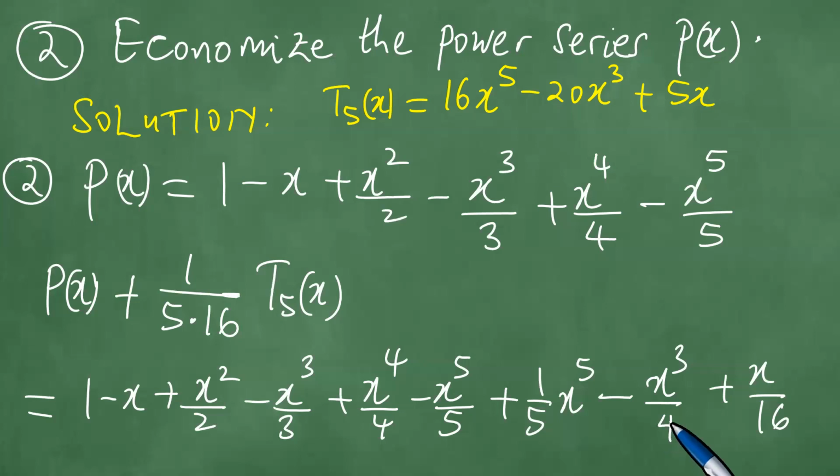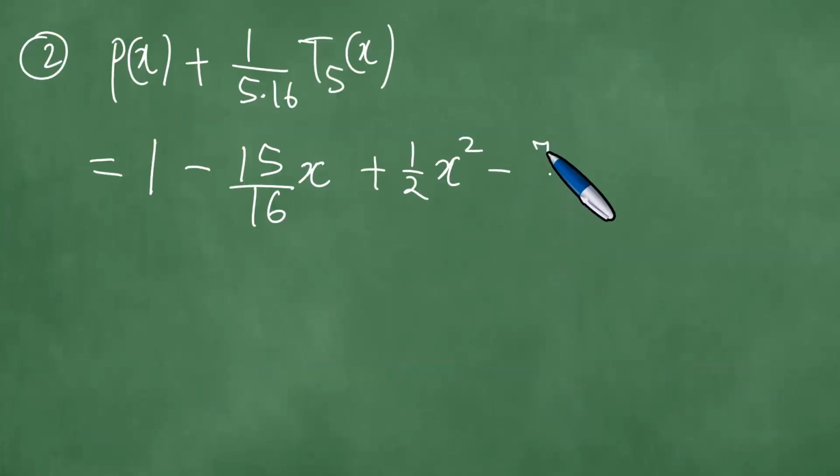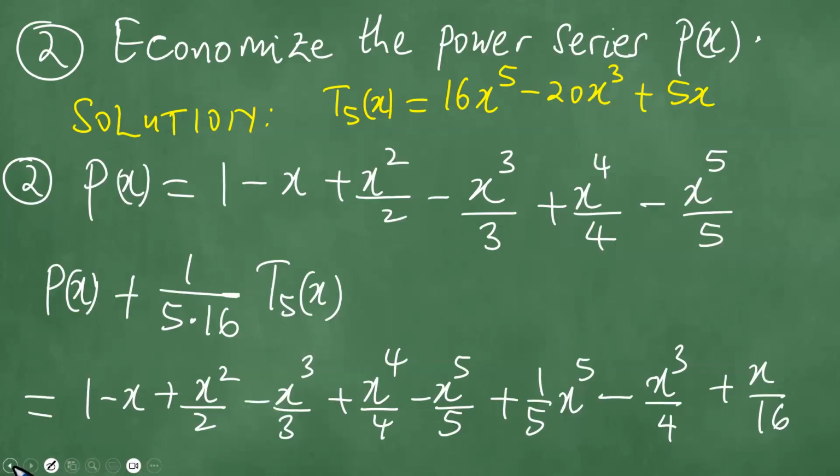There's going to be this one and this one. So minus 1/3 minus 1/4 is like minus 4 minus 3, which is minus 7 out of 12 x cubed. Okay, that's the x cubed.